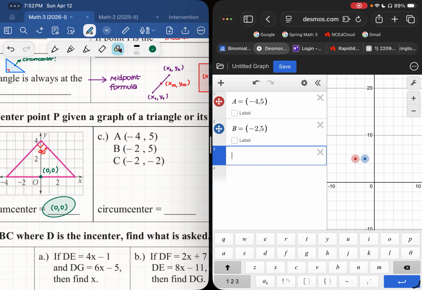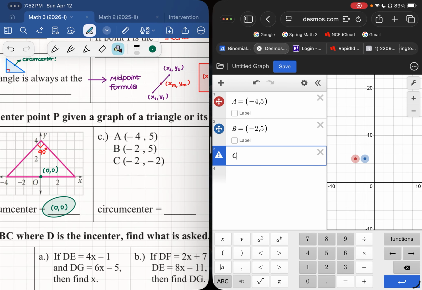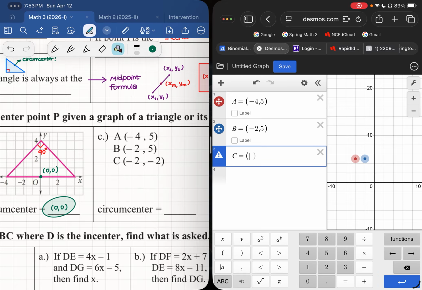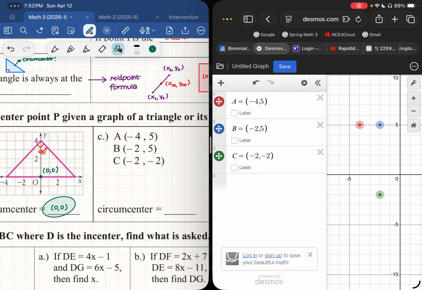And the last one is C, which is equal to negative 2, comma, oh sorry, this is negative 2, okay? And you have this thing, right? So, let me check that the coordinates are correct.